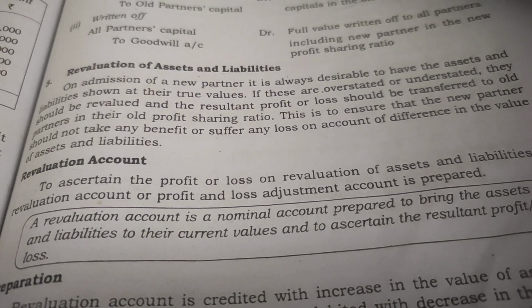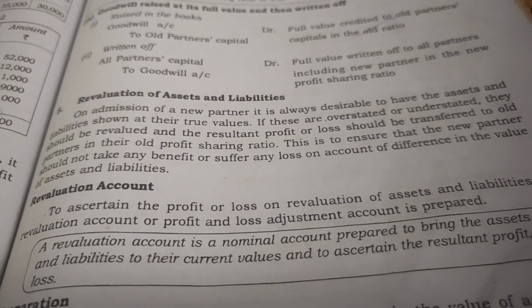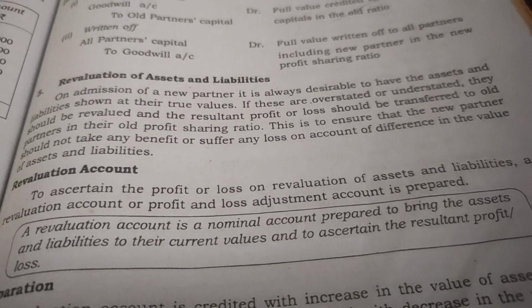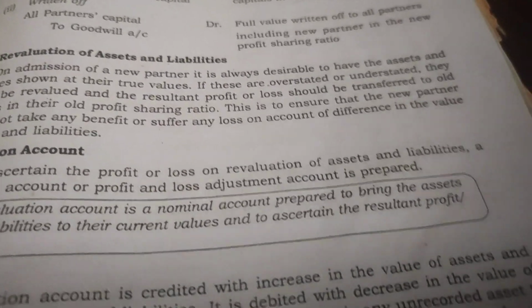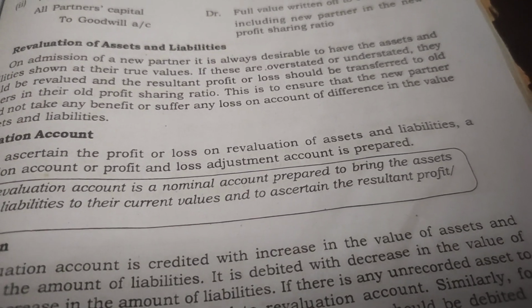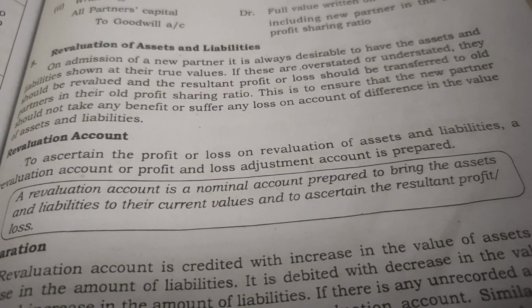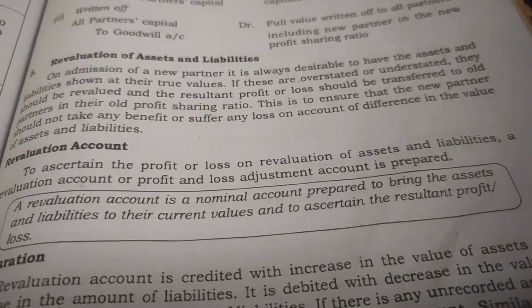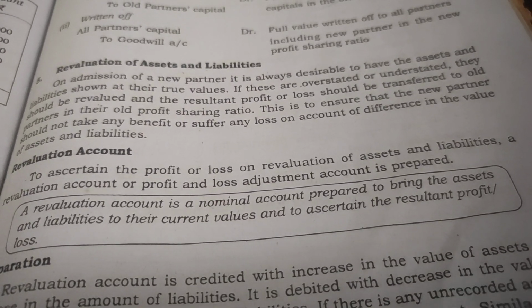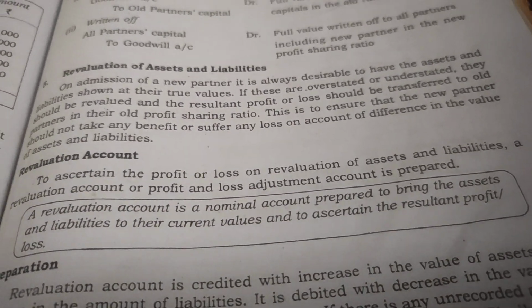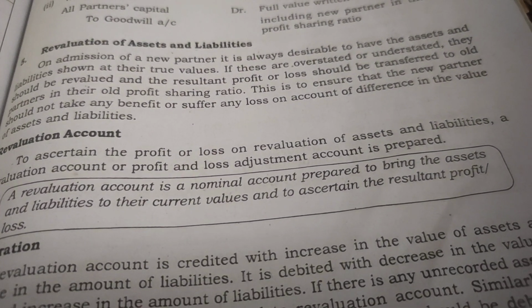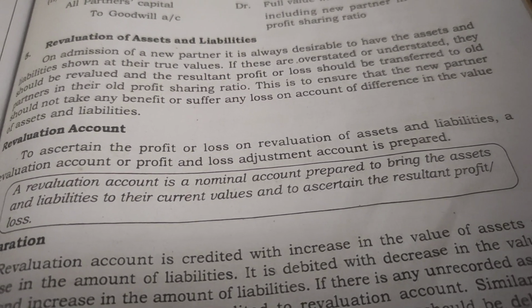Then the revaluation account. To ascertain the profit or loss on revaluing the assets and liabilities, a revaluation account or profit and loss adjustment account is prepared. The revaluation account is a nominal account. There are three types of accounts: nominal account, real account and personal account.